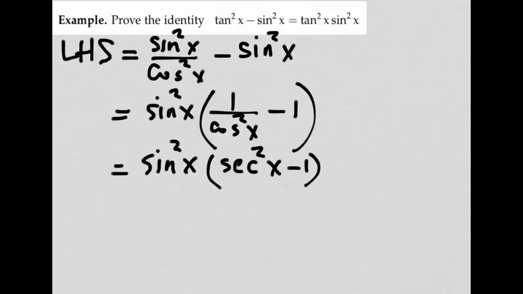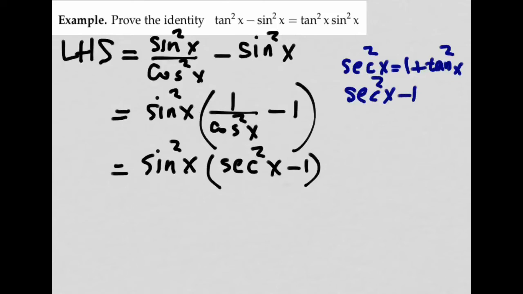Now let me remind you of a Pythagorean identity that secant squared x is equal to 1 plus tangent squared x, which means that secant squared x minus 1 is none other than tangent squared x.